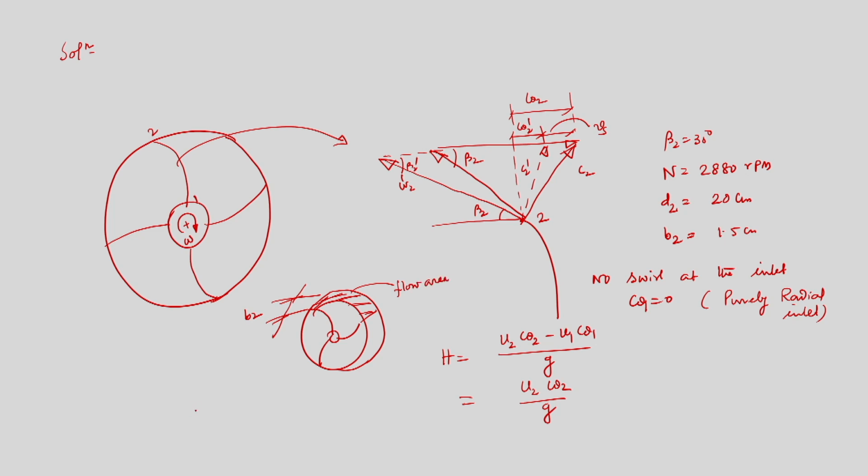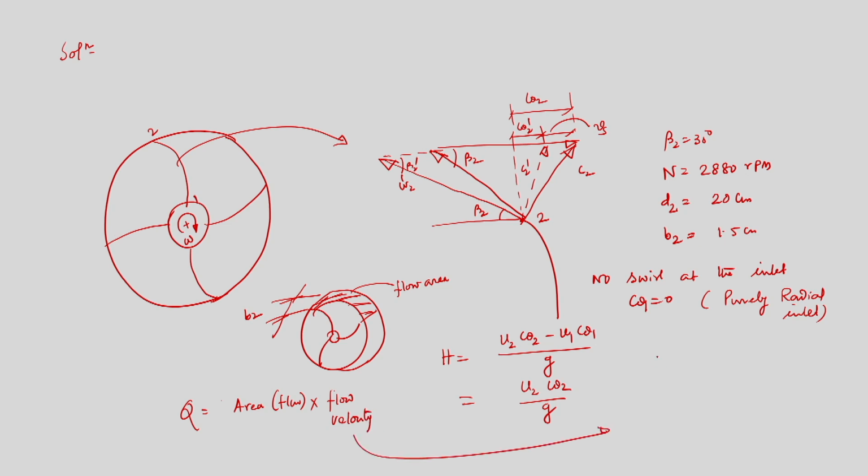So the flow rate Q will be flow area into flow velocity, and this flow velocity is Cr2.